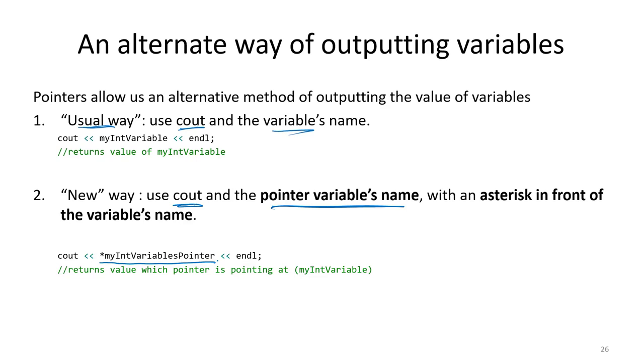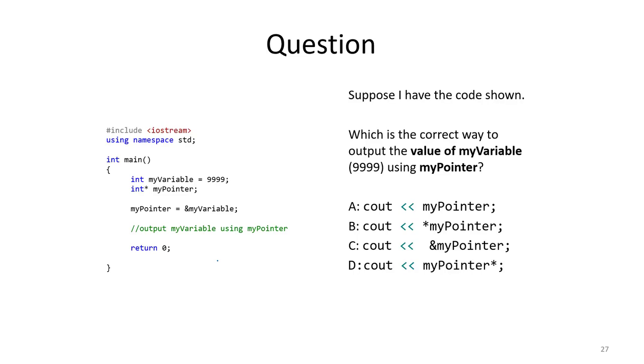Let's go ahead and try another practice. Suppose I have the code shown here. So notice I have an int variable called myVariable, and suppose myVariable is initialized to 9,999. I've also declared my pointer, which is an int type pointer, and notice I've initialized it to point at my int variable.